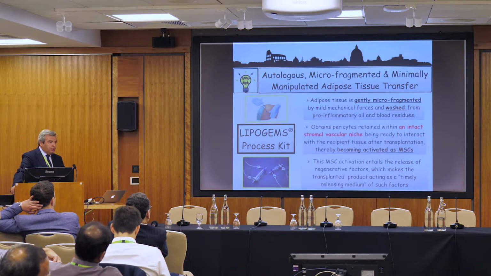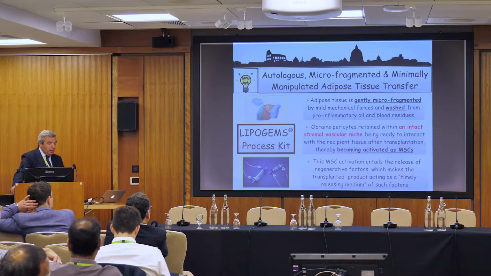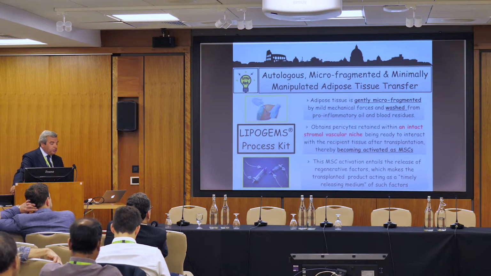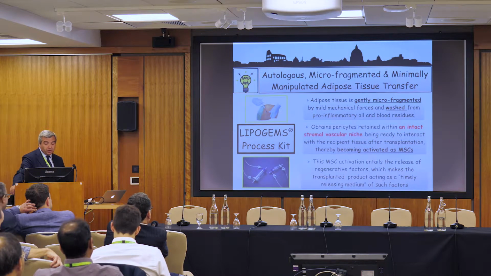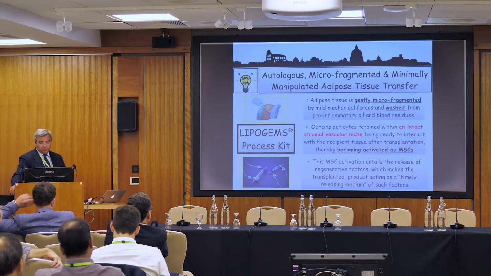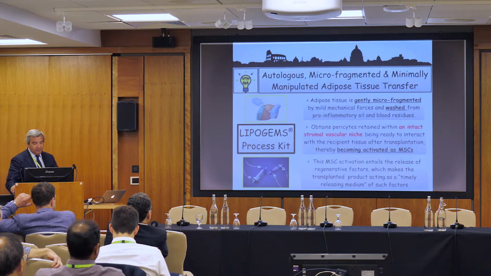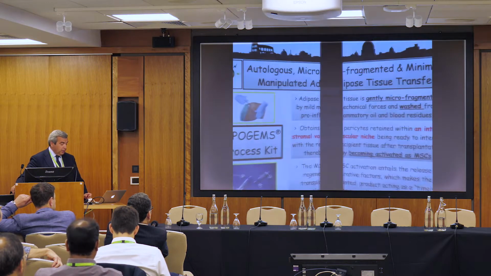And you also obtain pericytes retained within, and that's very important, an intact stromal vascular niche, ready to interact with the recipient tissue after transplantation, and thereby able to become mesenchymal stem cells, or MSCs. The MSCs' activation entails the release of regenerative factors, which make the transplanted product act as a timely releasing medium.